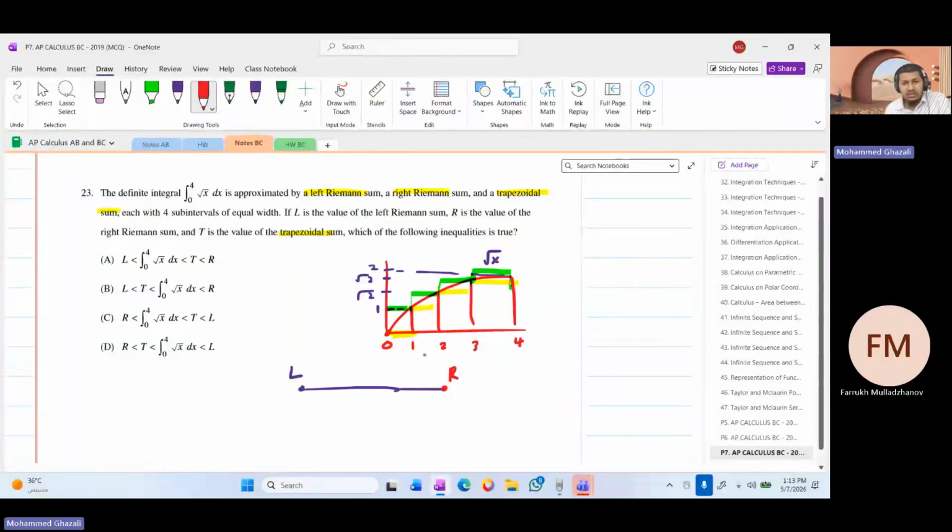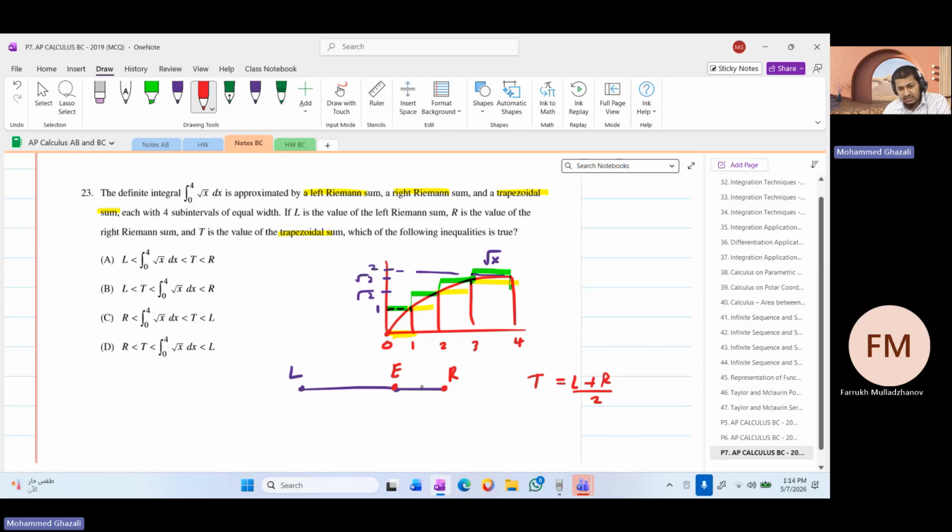Now, what is a trapezoidal sum? The trapezoidal sum is basically left plus right divided by 2. If you're over approximating, obviously your exact area is here. And where will your trapezoidal sum be, to the left of the exact or to the right?